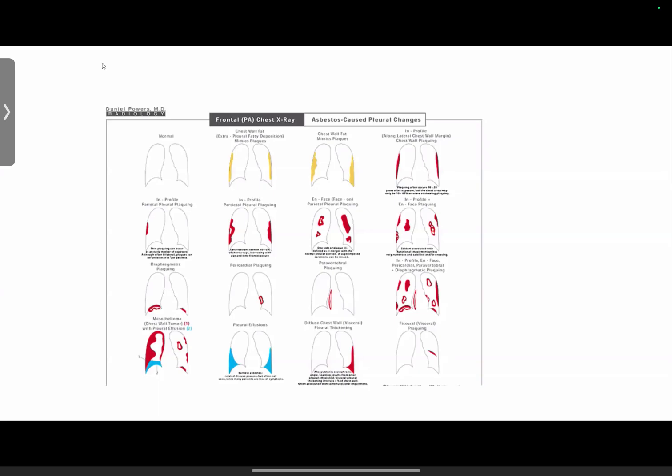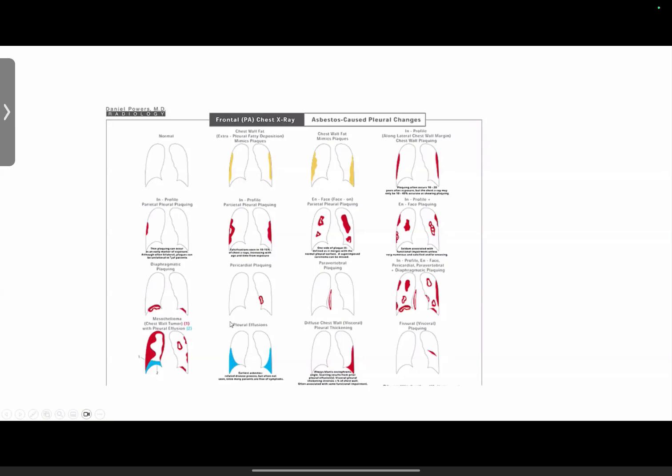In this one, this is just asbestos causing pleural changes. We have chest wall fat, extrapleural fatty deposits mimicking plaques, and more severe seen on the second diagram. Then we have chest wall plaquing, which is slightly different than the other two because those are more fat containing. We have in profile, we have pleural thickening, and pleural plaques.